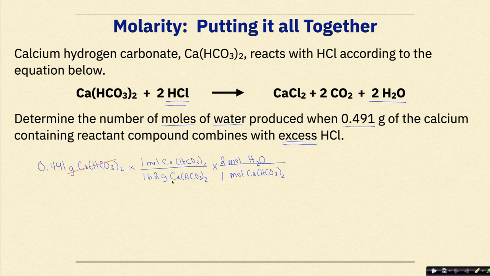So grams cancel grams, moles cancel moles. I'm left with moles of water, which is what I want. And when I work this problem out, in standard notation it is 0.00606 moles of water, or in scientific notation, 6.06 times 10 to the negative third moles of H2O.